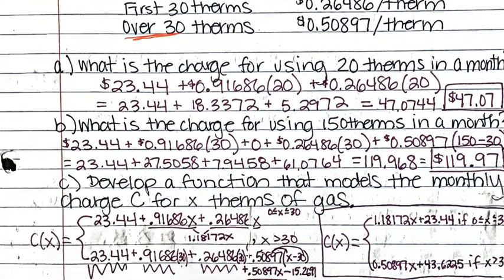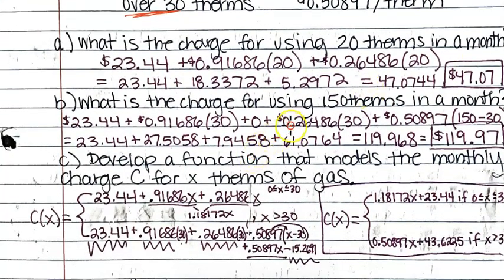So then in part B, what is the charge for using 150 therms in a month? So very similarly, I started out with just putting in the monthly service fee and the delivery charge for the first 30 therms. This plus 0 you don't really need. I do have additional therms of usage, but there's no charge for that. Here's the part where you have to use that 150 in the right way.